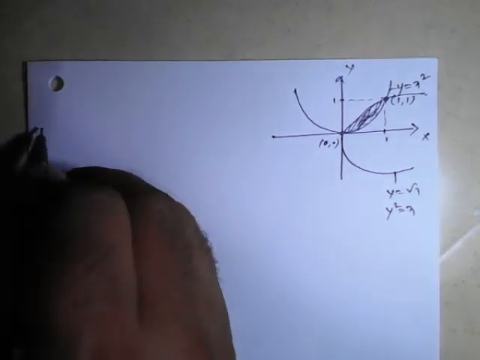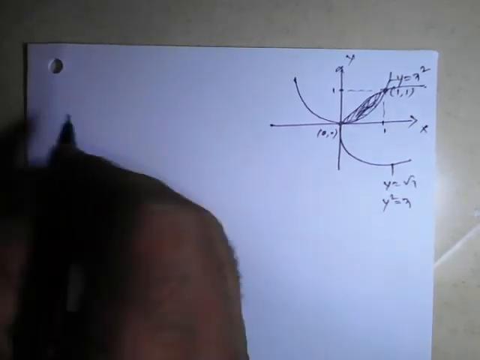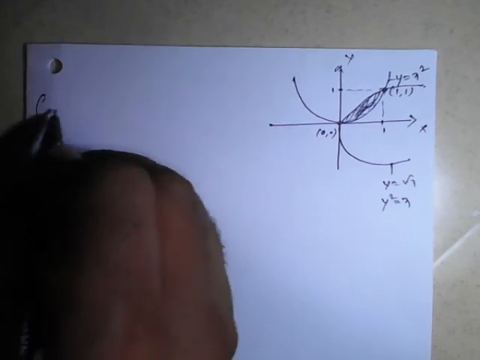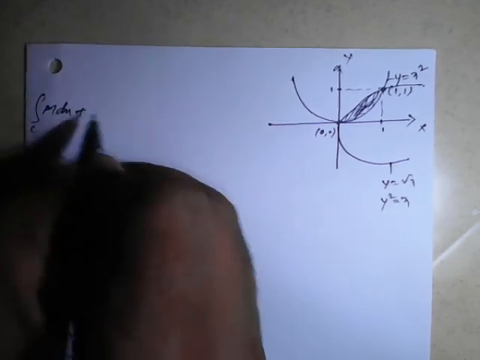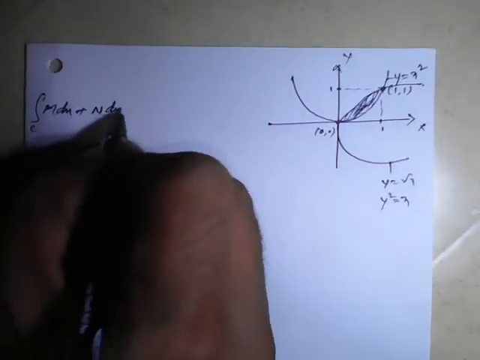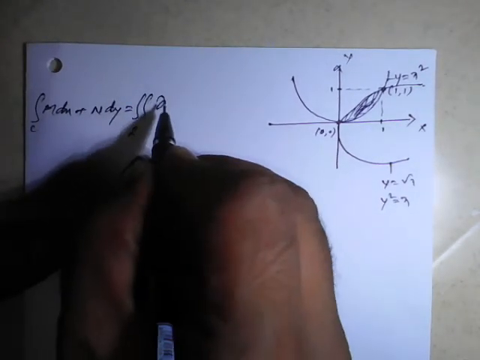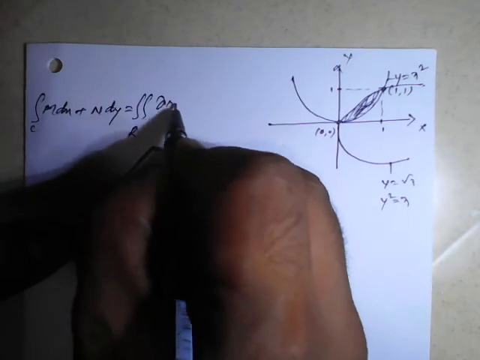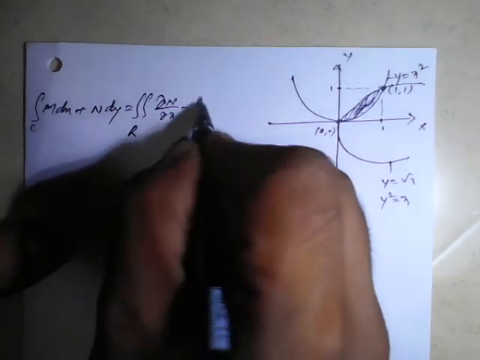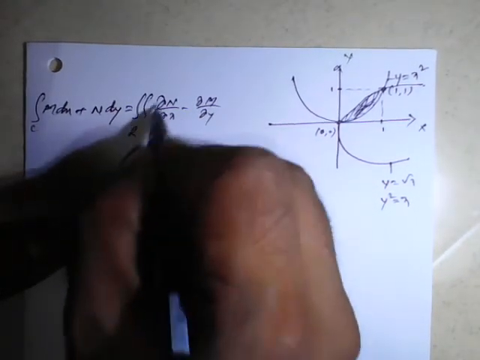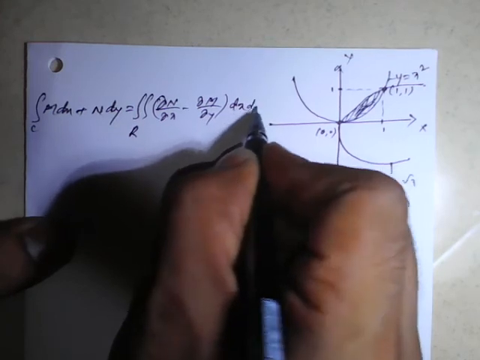So as we know, Green's theorem: integration over c of m dx plus n dy is nothing but double integration over the region R of dou n by dou x minus dou m by dou y into dx into dy.